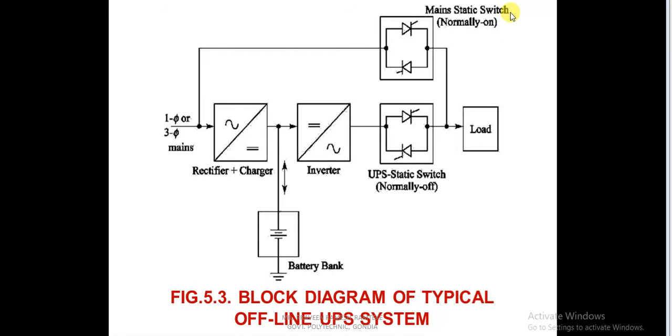The main static switch connecting the AC supply to the load is normally on, and the UPS static switch which provides the AC voltage to the load is normally off. This is the basic difference between the online UPS and the offline UPS. We will see in brief the functions of each block again.